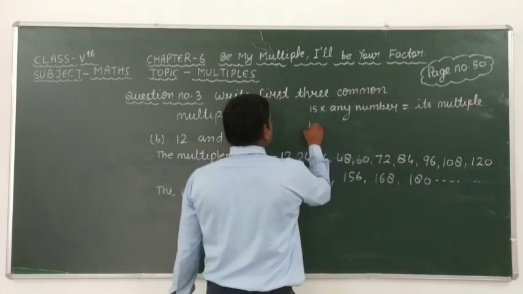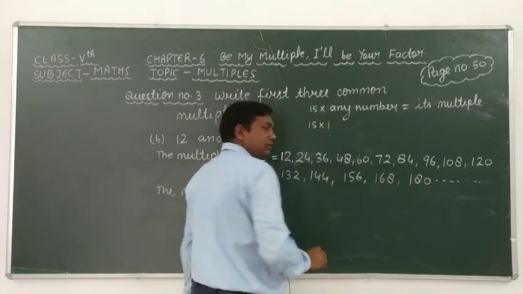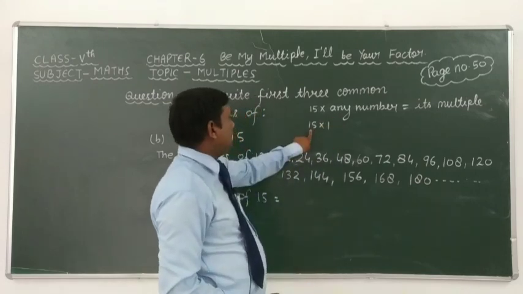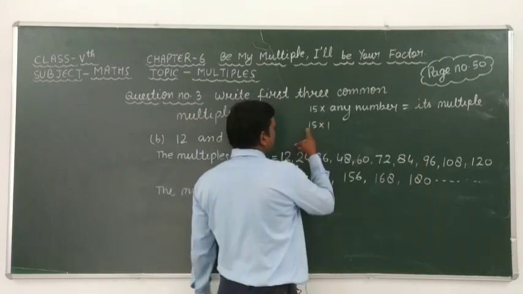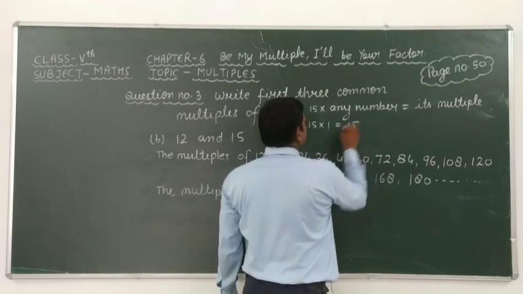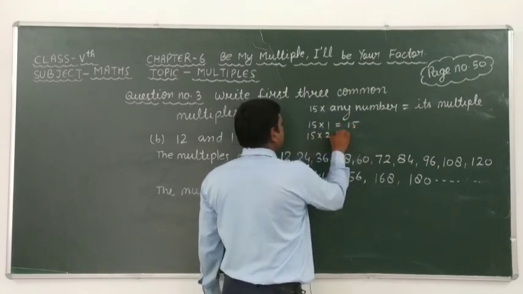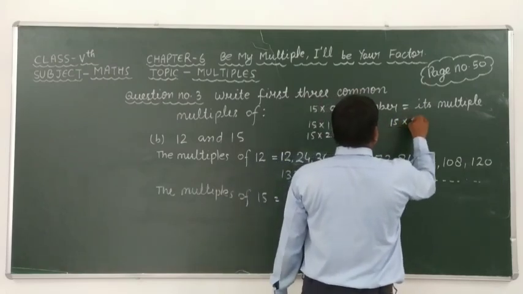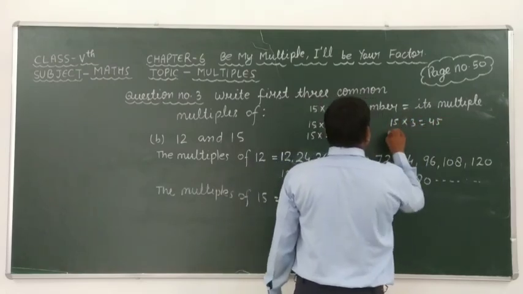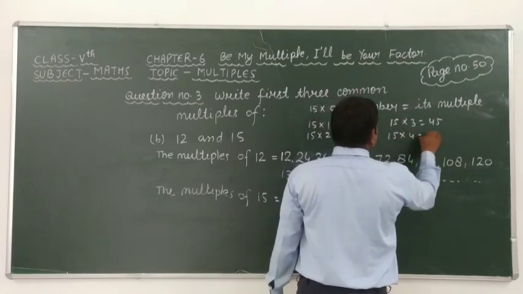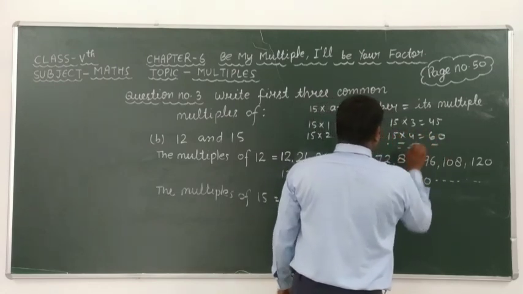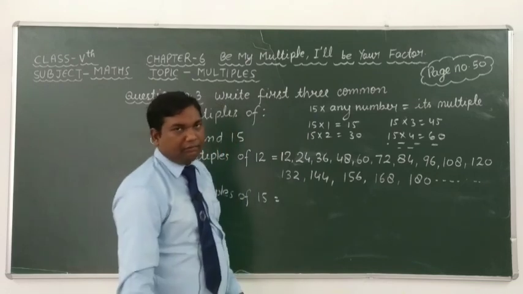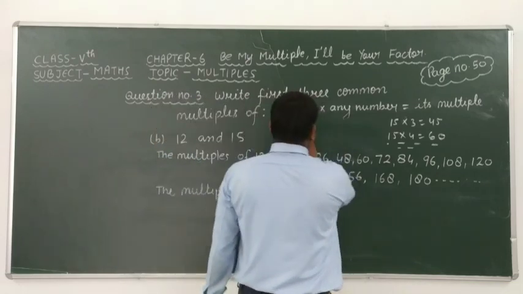If we multiply 15 by 1, we get 15; 15 2s are 30, 15 3s are 45, and 15 4s are 60. Similarly, we can write all multiples of 15. Understand?